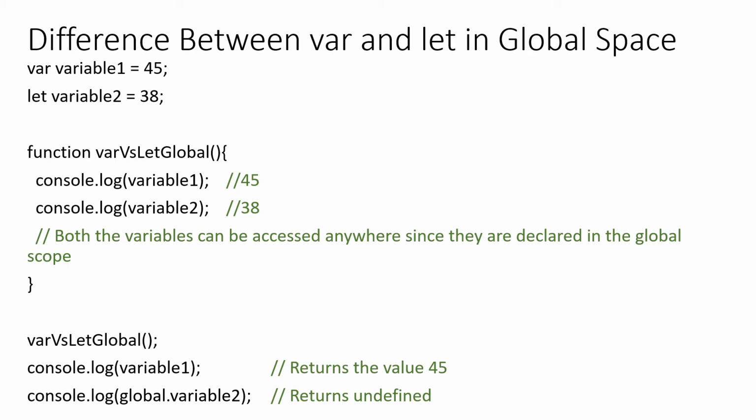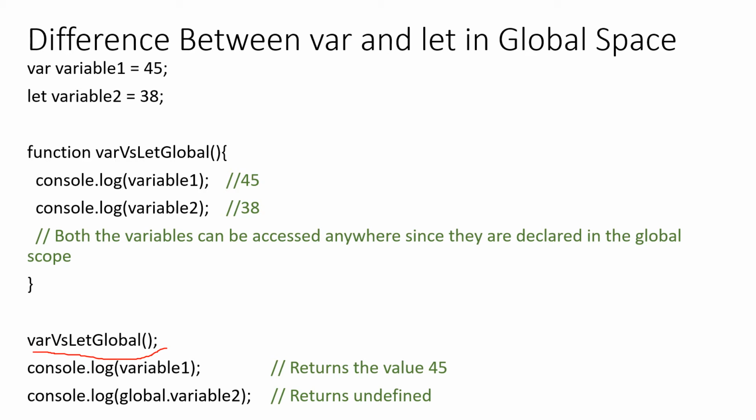Under this function we are just console logging console.log(variable1) and console.log(variable2), and after that we are going to call this function. After calling it, it will call our function varVersusLetGlobal.